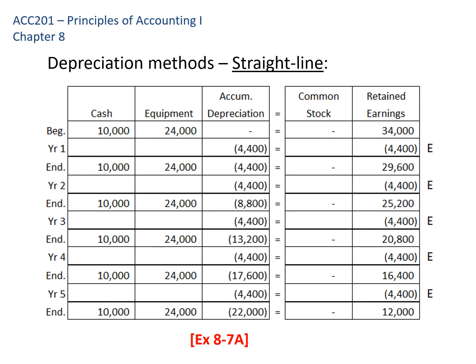I do that again the second year, the third year, the fourth year, and finally the fifth year. So I've done the same entry at the end of each of 5 years. And you can see I end up with total accumulated depreciation of negative $22,000 against equipment value of $24,000. So the net amount of those two numbers is $2,000, which is what I estimated my residual cost to be.